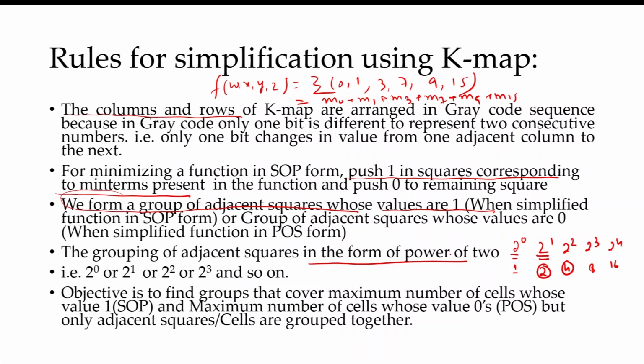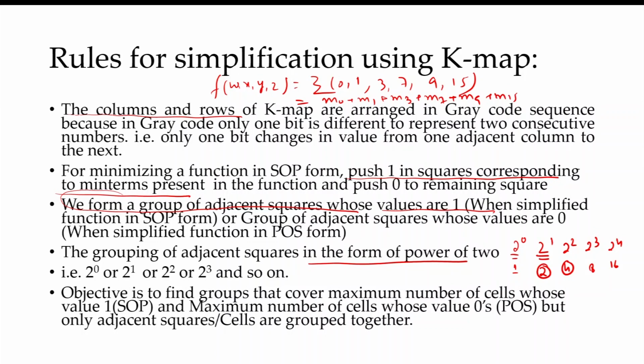This is a very important point about grouping of squares. We can group adjacent squares whose values are 1 in case the function is given in SOP form, and we can make a group of adjacent squares whose values are 0 if the function is in POS form.